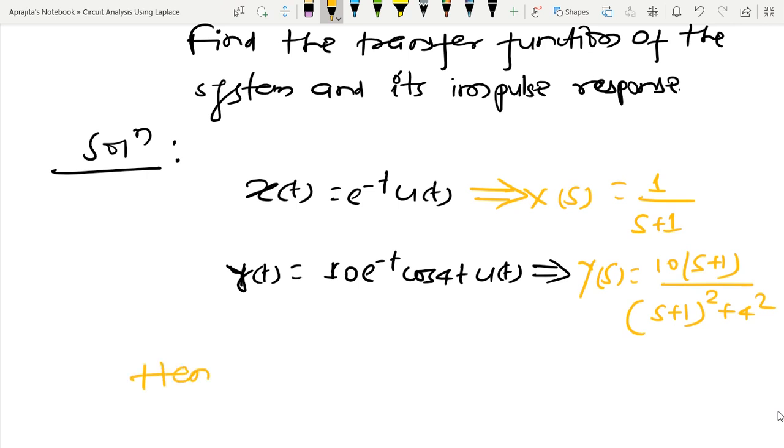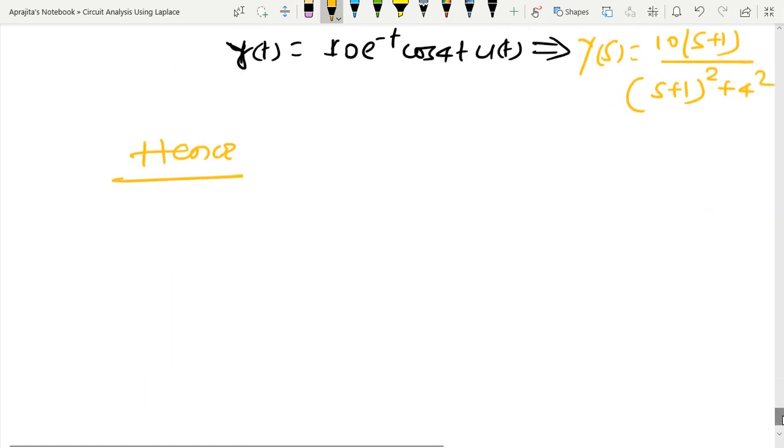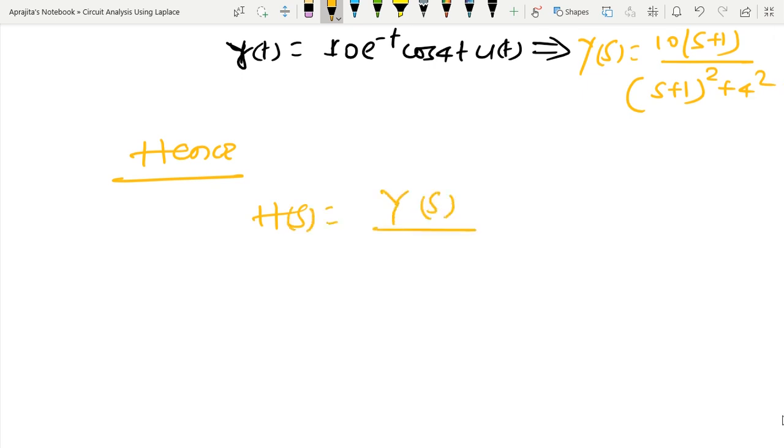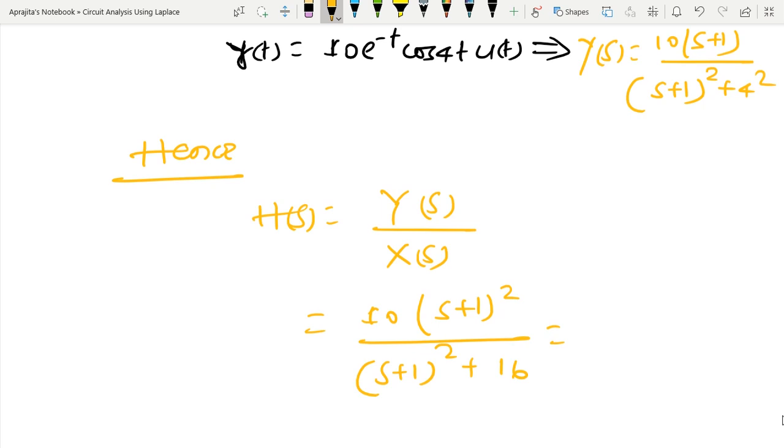So now from these two I can arrive at the transfer function. The transfer function H(s) is nothing but Y(s) by X(s), and if you see the transfer function, it is like this: 10 into (s squared plus 2s plus 1) by (s squared plus 2s plus 17).